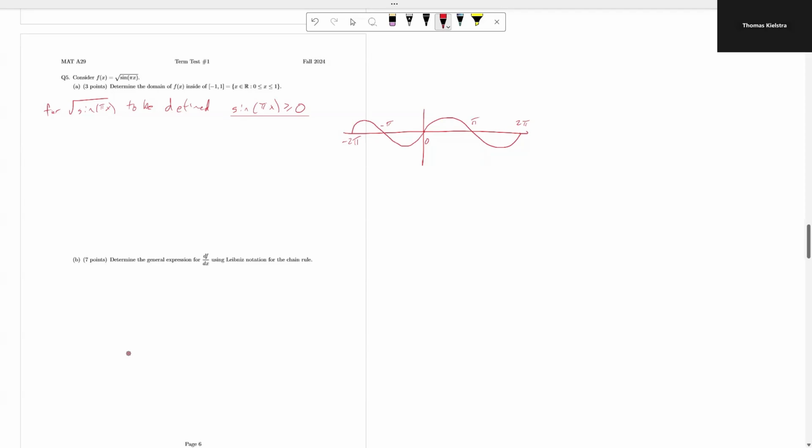And remember with our transformations, if we multiply inside the function, that is a horizontal compression by a factor of one over pi, or 1 over whatever that value is. So now I'm going to divide everything by pi.